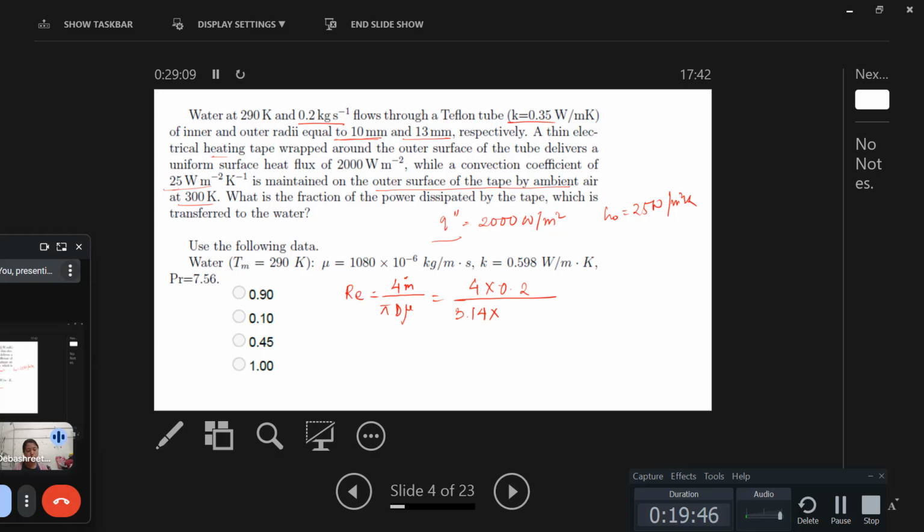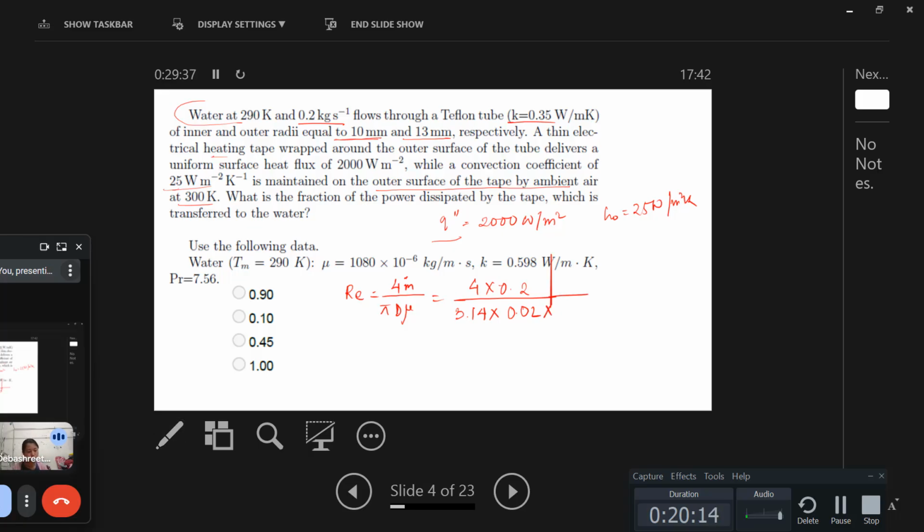D is, since now we are finding for the water, the inner one, so we'll have to take 10 millimeter. This is the radius, so D is the diameter, so it will become 20 millimeter or 0.02 meter.